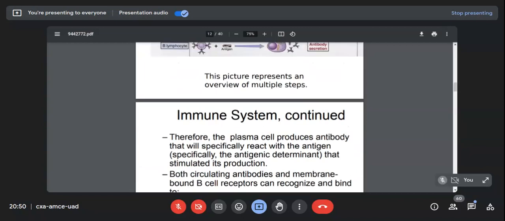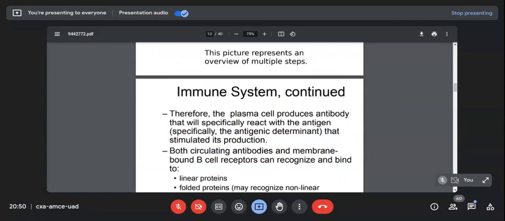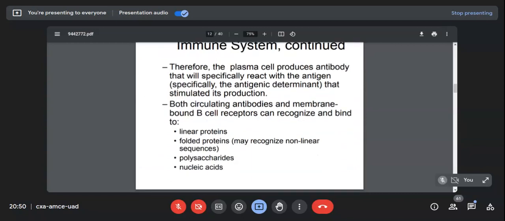So now, to give you guys a full explanation about antigen determinants, you'll be required to understand what makes a particular cell an antigen and what makes a particular cell not an antigen. I'll give you three important factors that are used to determine whether something is an antigen or not.